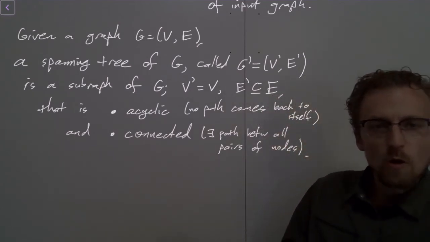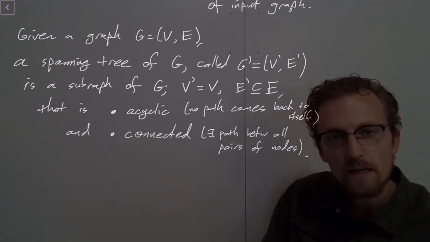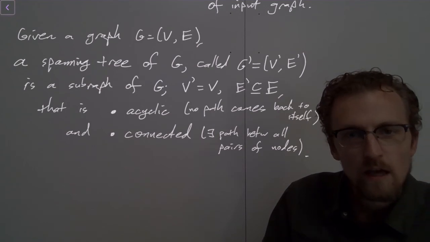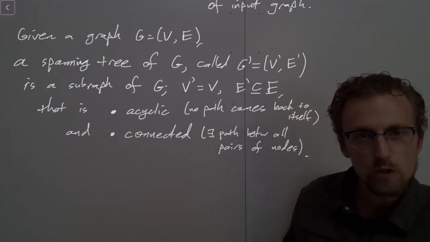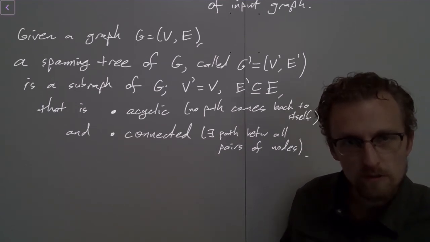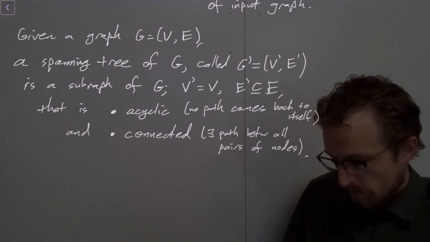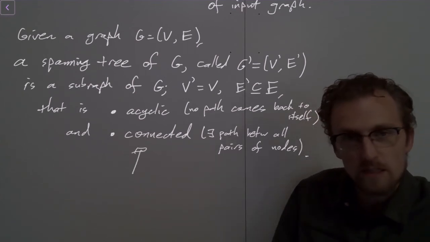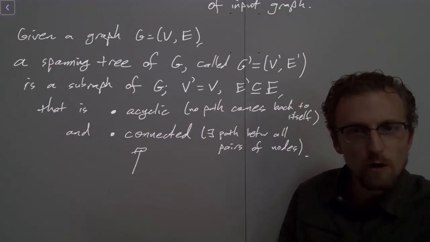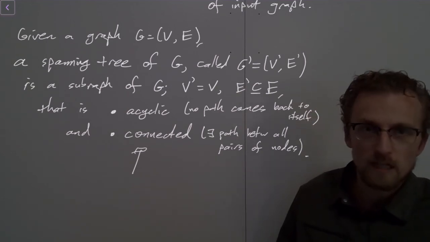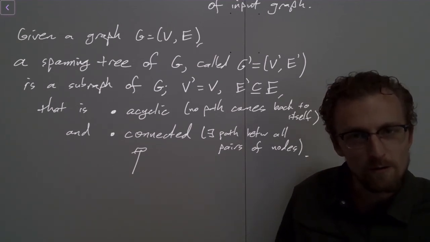Okay, and so what Dijkstra's algorithm is attempting to do is to find a spanning tree of the original graph in such a way that that spanning tree expresses all of the shortest paths from A to each node. And we know that a spanning tree expresses paths because it gives us a meaningful path from every node to every other node, and so it gives us a path from the root node to every other node.